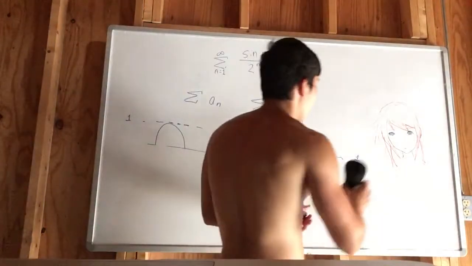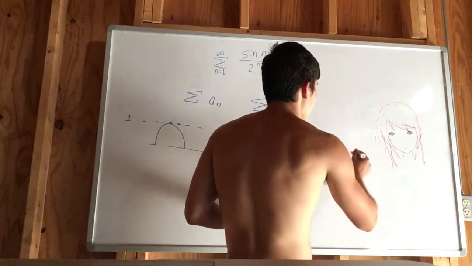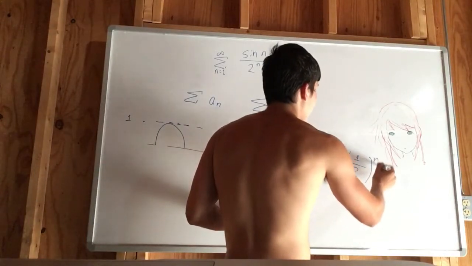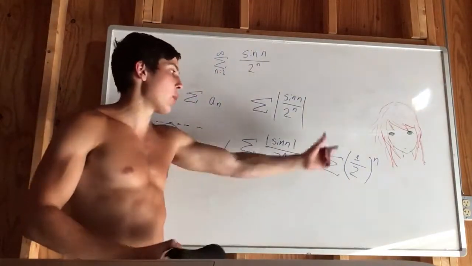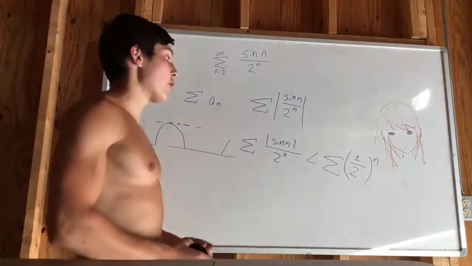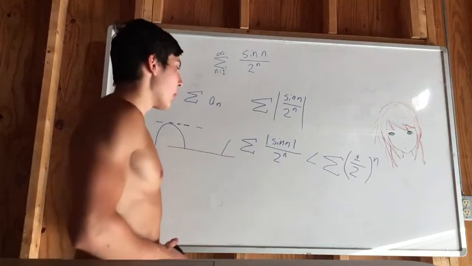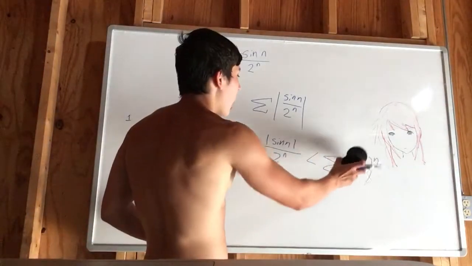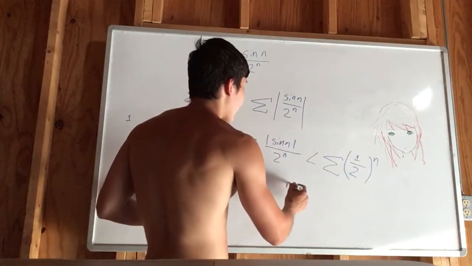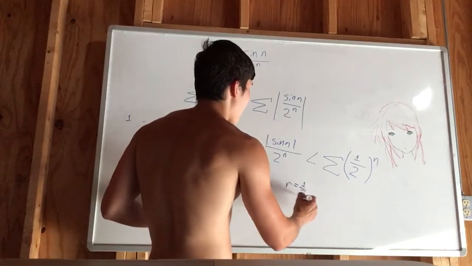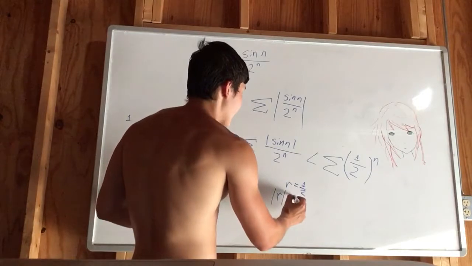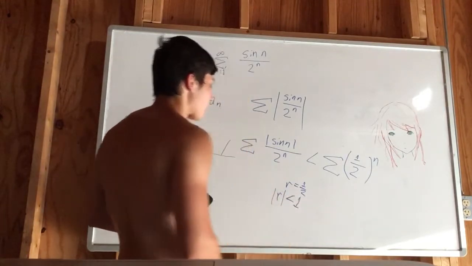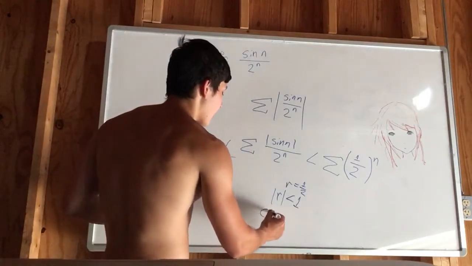And this right here, you might notice, is a geometric series, because when we take 1 to the power of n, that's just 1. So we could rewrite it in a form in which we can see what the common ratio r is. r equals 1/2. And remember, when the absolute value of r is less than 1, then it converges.